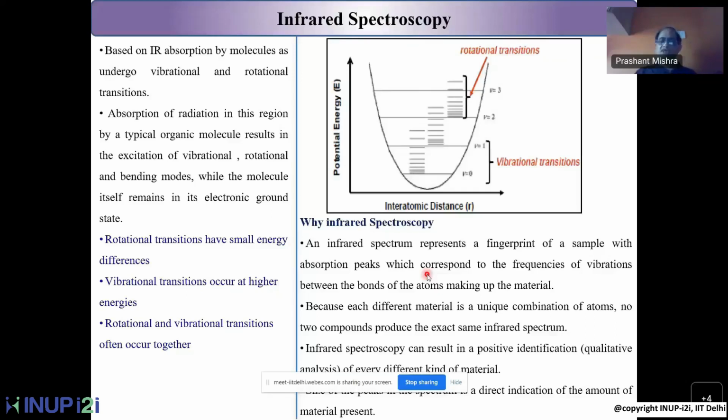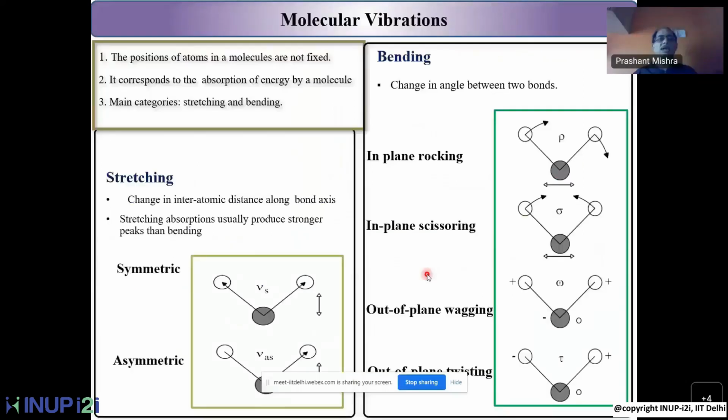Because each different material has a different combination, even the combination of the atoms can give you a difference. The presence of a double bond can give you a difference. All these things are counted when you are looking at the spectrum.